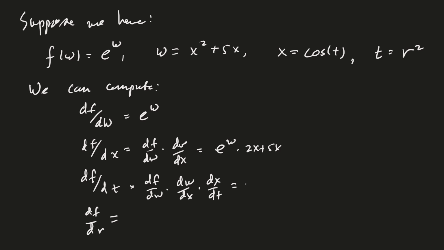And so we would just multiply what we had before. Is that a 2x plus 5? Yes. And then we would multiply by dx over dt, which would be minus sine of t. And again, you'd want to finish by back substituting so that everything's in terms of t.